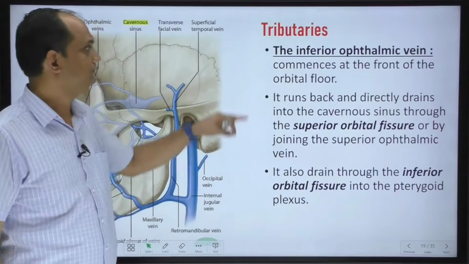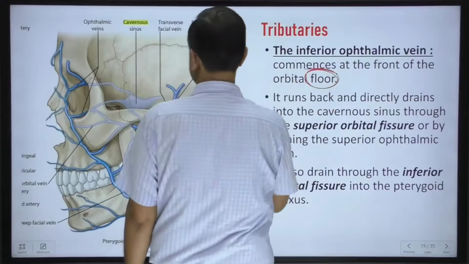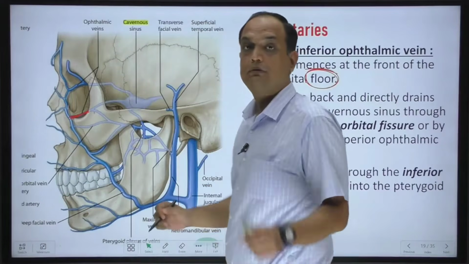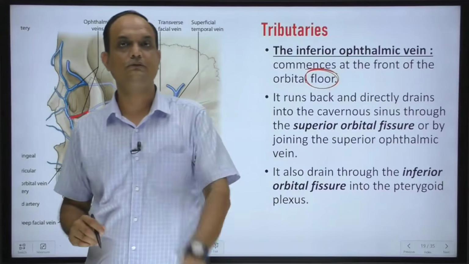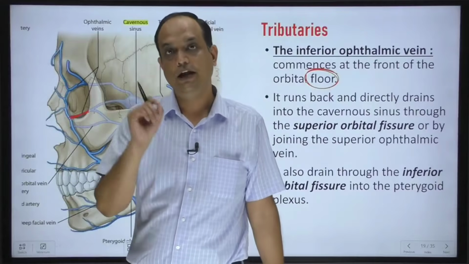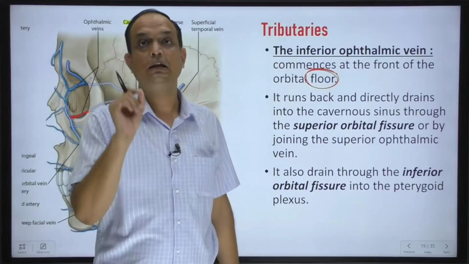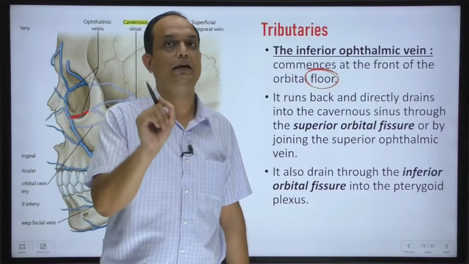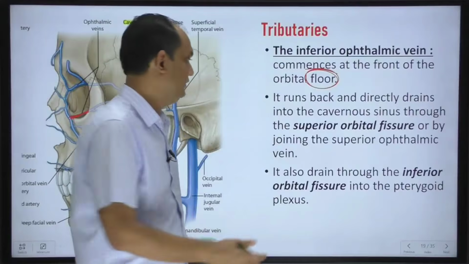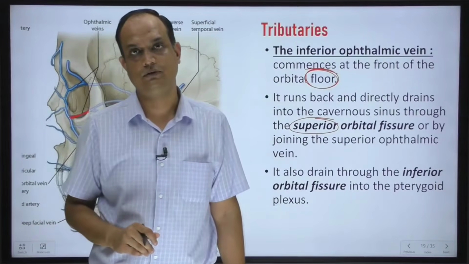Now inferior ophthalmic vein commences at the front of the orbital floor. So where is the formation? Near the floor of your orbit. Now see, I told you there are two things. One is superior orbital fissure, another is inferior orbital fissure. If the inferior ophthalmic vein is directly entering into the middle cranial fossa, then it is always passing through the superior orbital fissure.